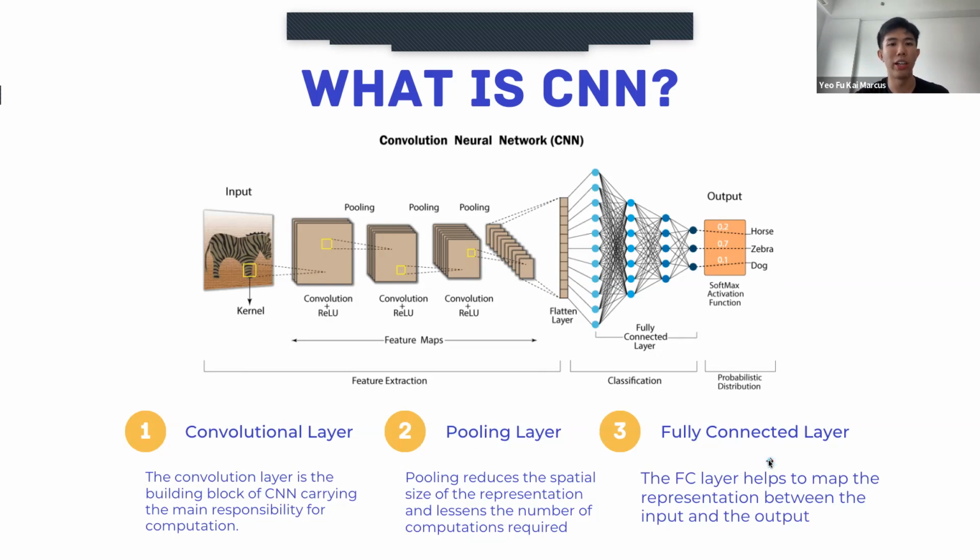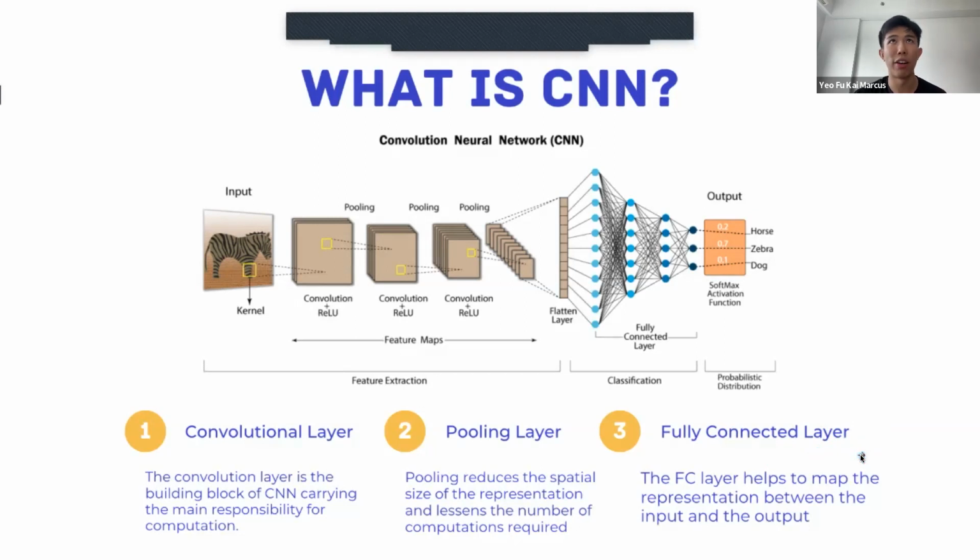Next up, the pooling layer helps to reduce the spatial size of the representation and reduces the number of computations required. So essentially, it helps to speed up the process. And lastly, the fully connected layer helps to connect both the layers together to give out the output.